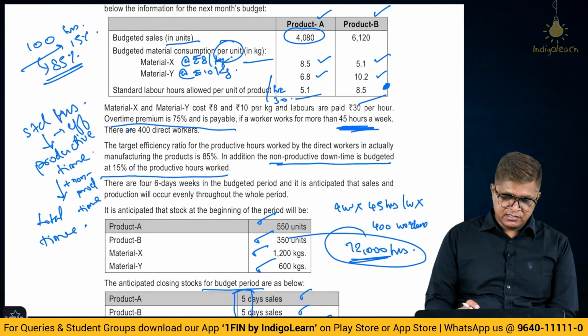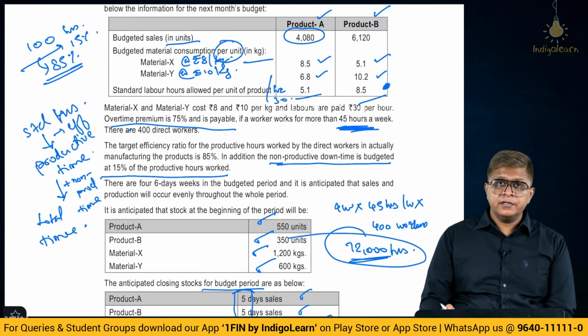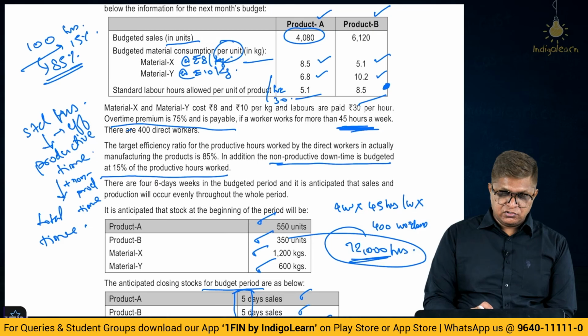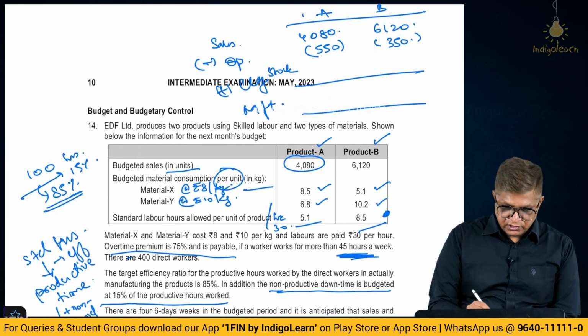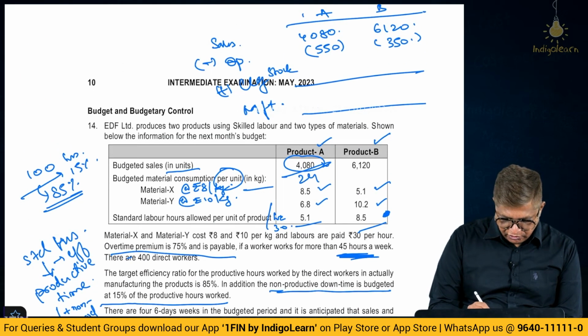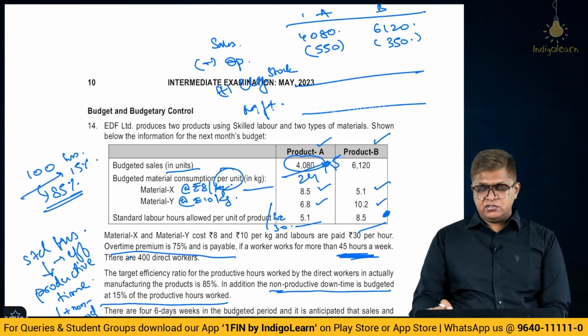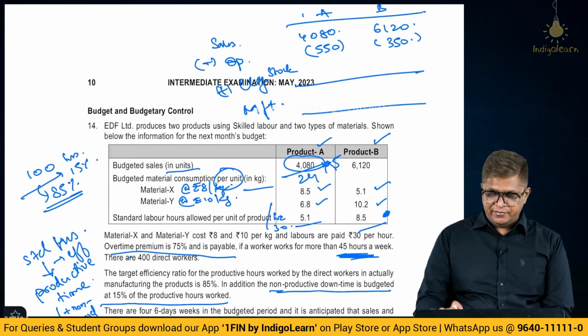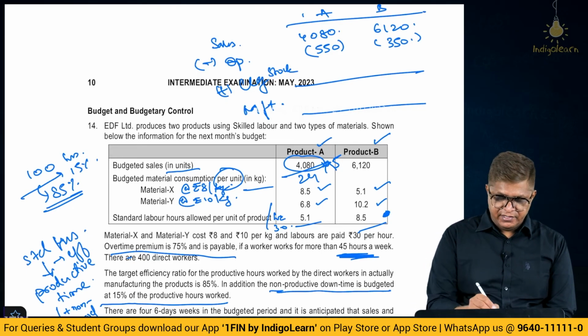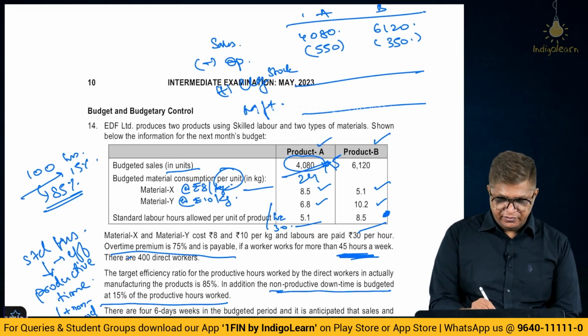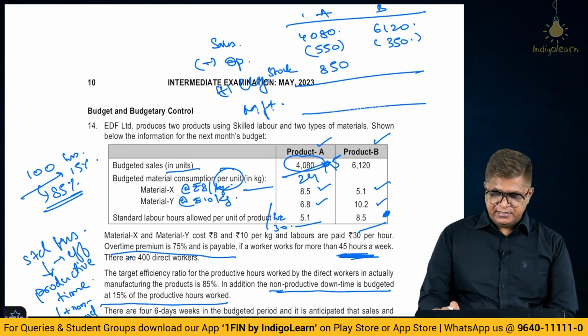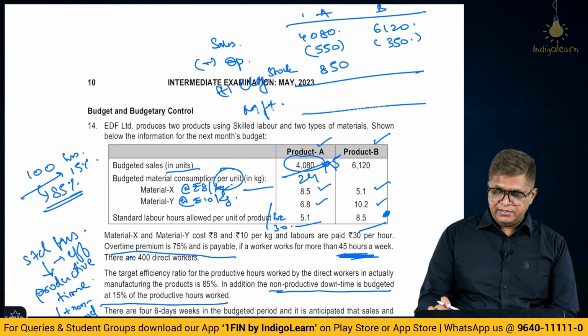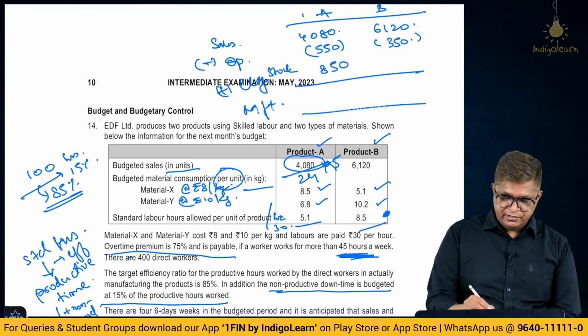In this period we have 6 days into 4 weeks, so 24 days. So this 4080 is for 24 days; how much is the 5-day sale? 4080 divided by 24 into 5, the 5-day sale will be 850 for product A, and 6120 divided by 24 into 5 will be 1275 for product B.